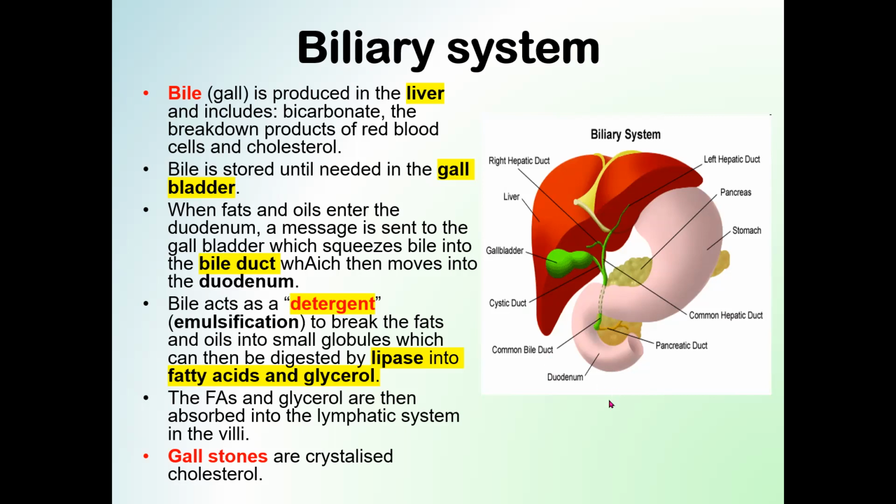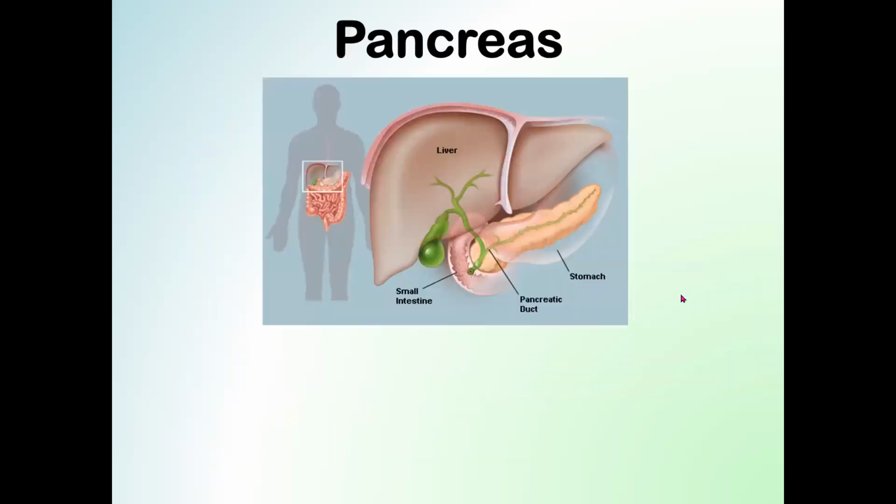Now, the person will still produce bile in the liver, but without the gallbladder, you get a constant flow of bile. Okay? And I think it's called cholecystectomy, which is a removal of the gallbladder.